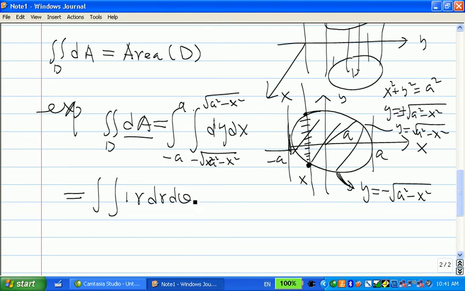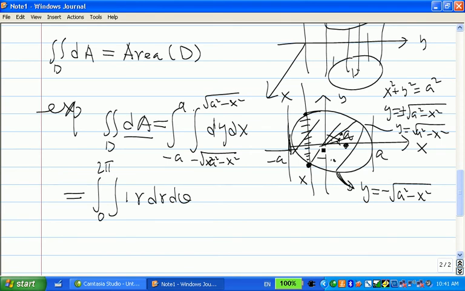Now let's fix those things. For all the points, for example a point here, you have theta equal to 0, and a point here, theta equal to positive. So all around, theta can be anything, so it's from 0 to 2 pi.